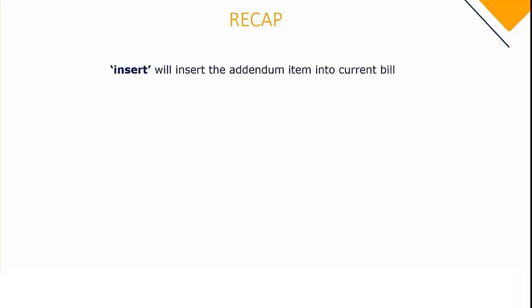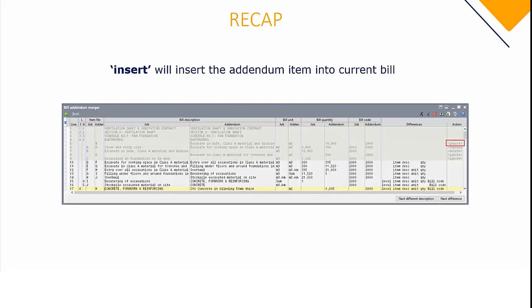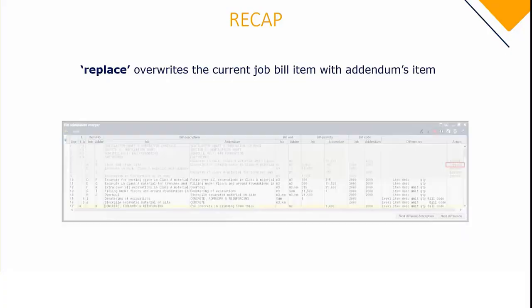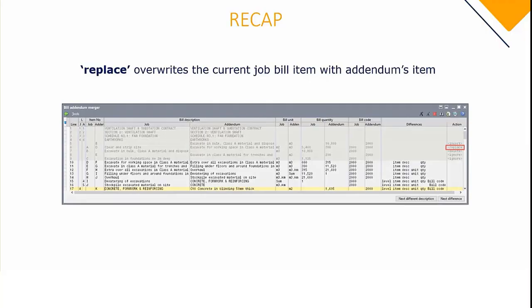If the action is to insert the addendum bill item, then the item is inserted above the job item next to it. If the action is to replace the job item, the entire job item will be overwritten by the addendum item.